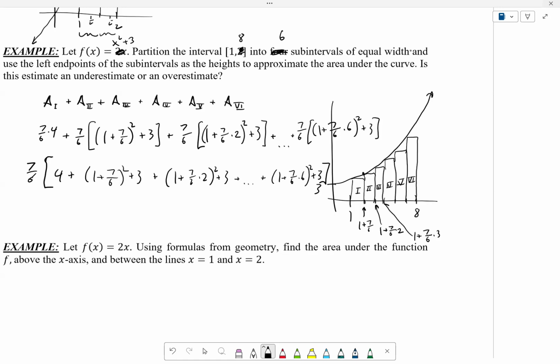Can you add those numbers together easily? Let's do it. So, how many 3s are there? Are there 5 of them? Let's see, there's one that goes with it times 1, 2, 3, 4, 5. I think there's 6, aren't there?